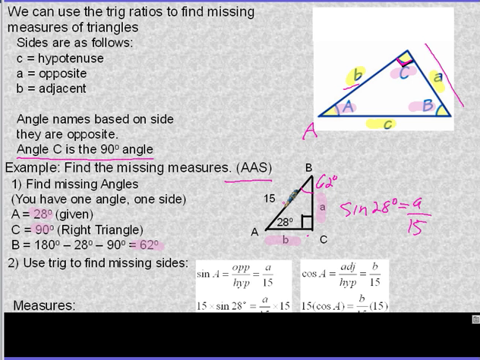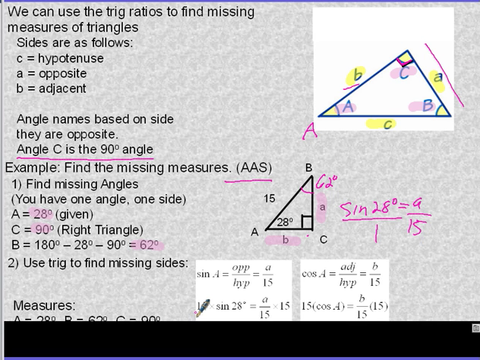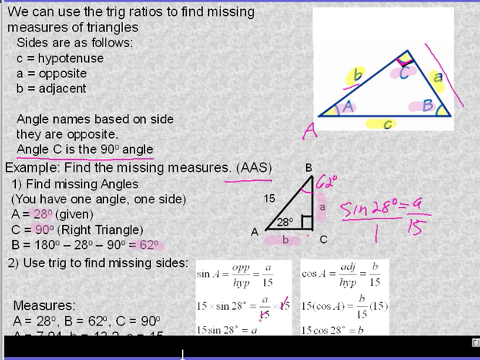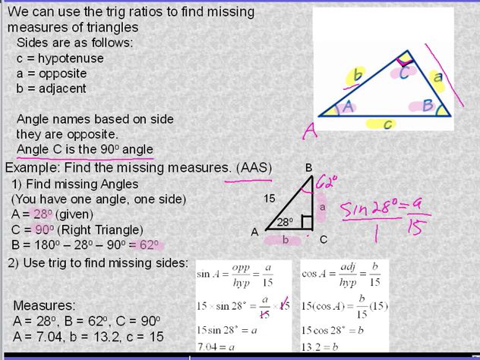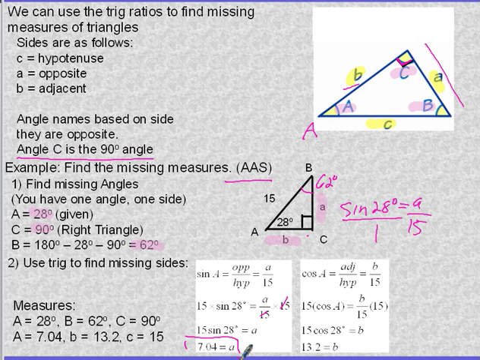Since the hypotenuse is what I have, we want to use one of the trig ratios that includes hypotenuse. If you remember last year, we turned this into a proportion and cross multiplied. That gives us 15 times the sine of 28 is equal to a. Multiply 15 times the sine of 28. Make sure you're in degree mode, and you're going to end up getting a is equal to 7.04. So let me write that up there.